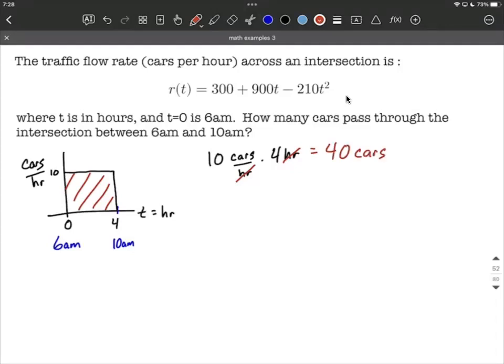Now, the units work the same with our more complex-looking function, but it's not a simple rectangle, unfortunately. So let's back up and think about what ours is going to look like, with the same idea that we want to find the area under the curve. Because we have a negative out here with the highest power of t, this is going to be a quadratic function, a parabola that's opening downwards.